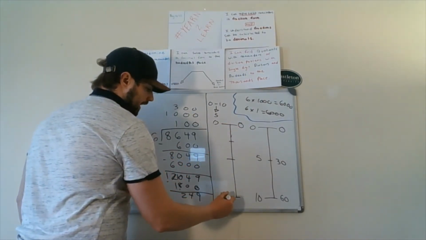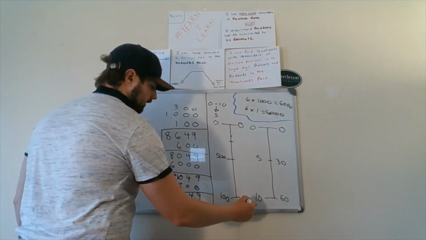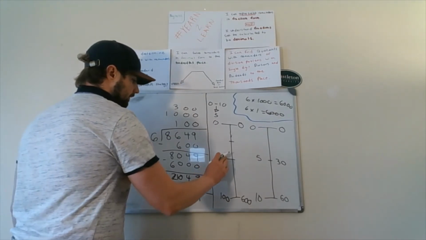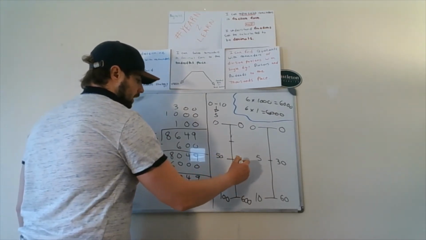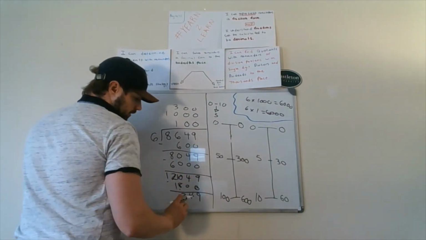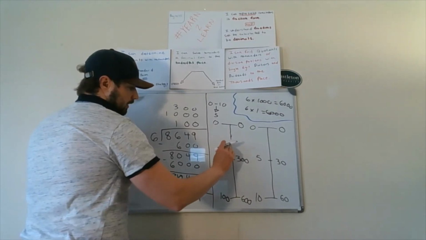Let's say I'm working on that 100 tape measure. I know 6 times 100 is going to give me 600. Way too much. I know that 6 times 50 is going to give me 300. Just a little bit too much. I know that 249 is going to be around here.